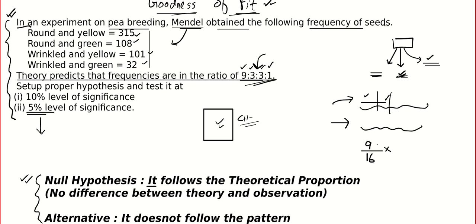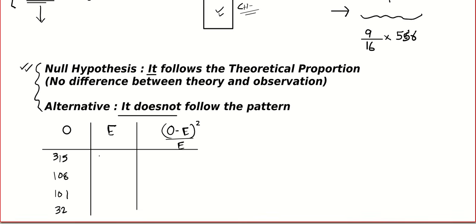what is the total here? Take a calculator and count. 315 plus 108 plus 101 plus 32, 556. So 9 by 16 out of 556 is the expected value, and that is 312.75.